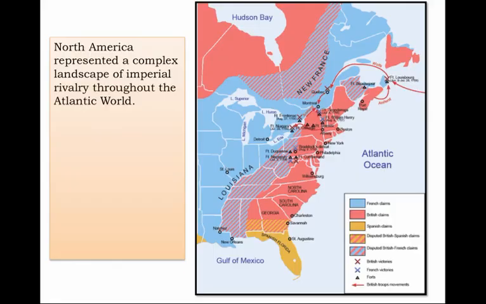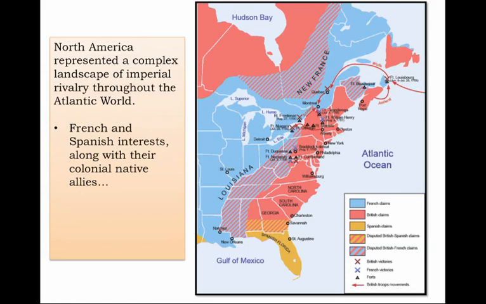North America itself represented a complex landscape of imperial rivalry throughout the Atlantic world. If you look at this map, you see the potential for conflict, from French to British to Spanish to hybrid claims. The French and Spanish interests, along with their colonial native allies.